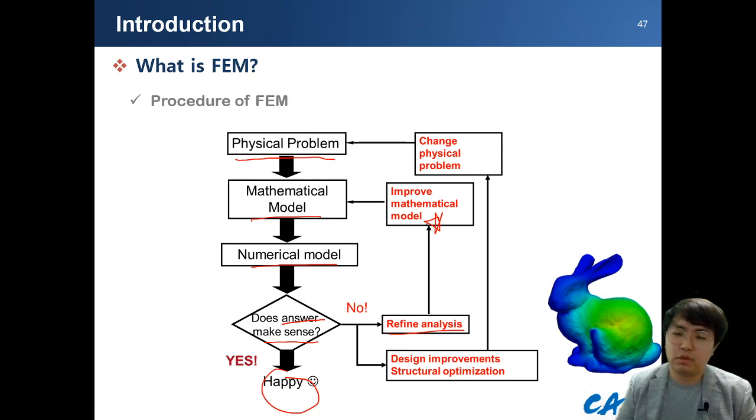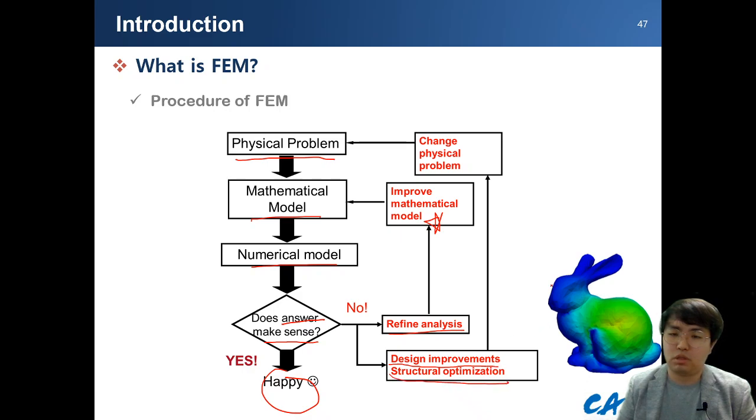However, we often cannot change the mathematics, or the mathematics is already good, because the exact solution follows the real physical phenomenon. In those cases we don't need to improve the mathematical equation. Instead, we need some design improvement or structural optimization.